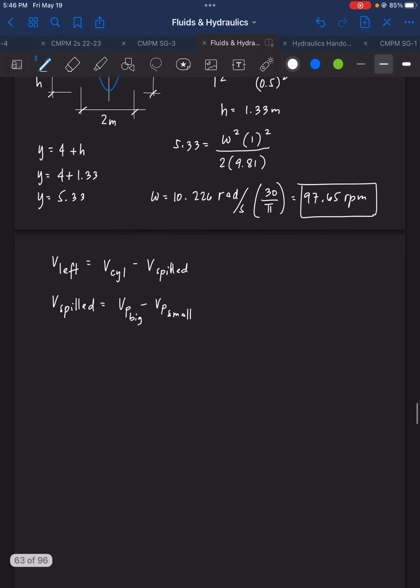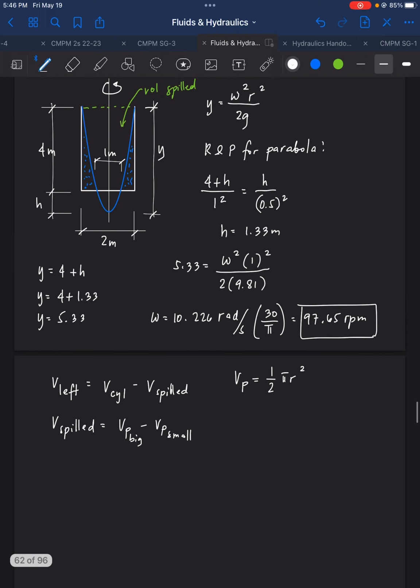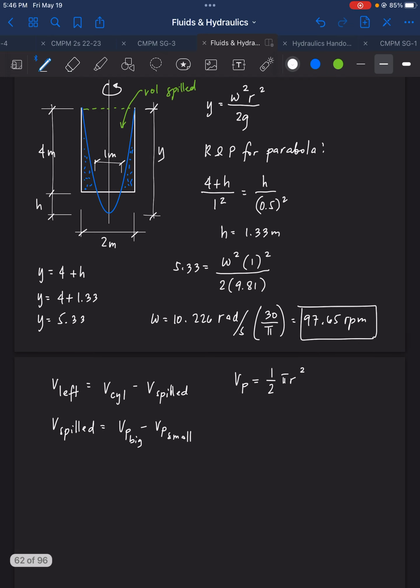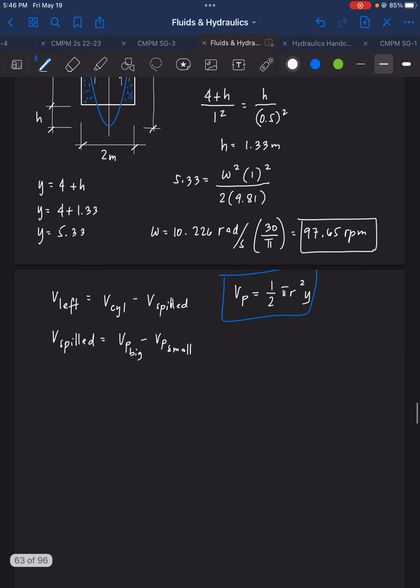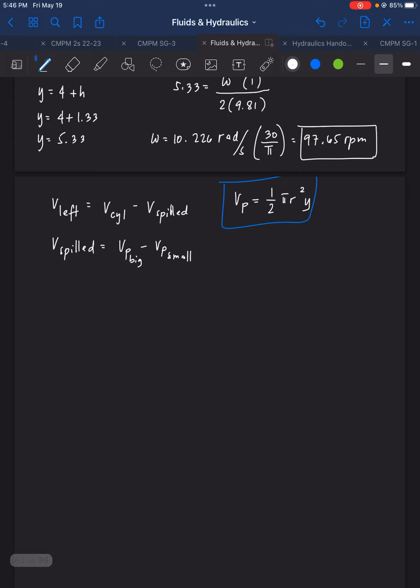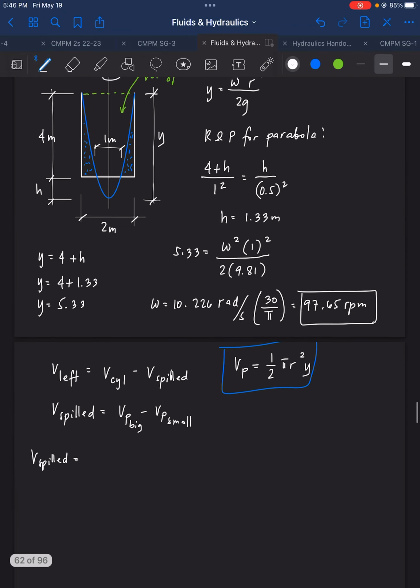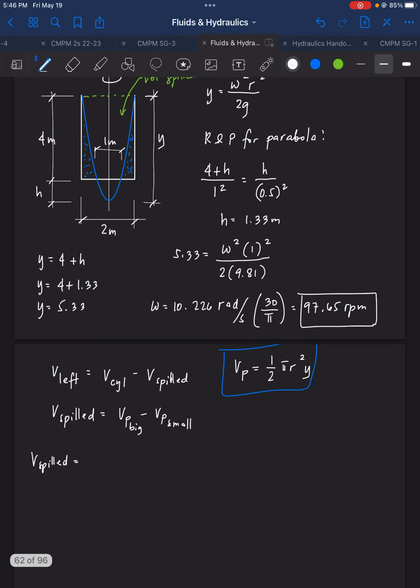Now, what is the volume for a parabola? The volume for a parabola is 1/2 pi radius squared times the height, the y. Okay, so let's do that here. Volume spilled is equal to the volume of the bigger parabola, 1/2 pi, the radius of the bigger parabola is 1 squared, and its height is 4 plus 1.33, which is 5.33.